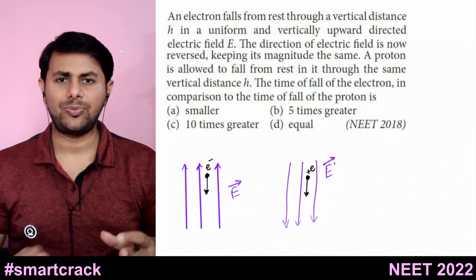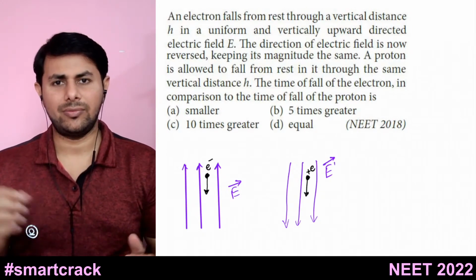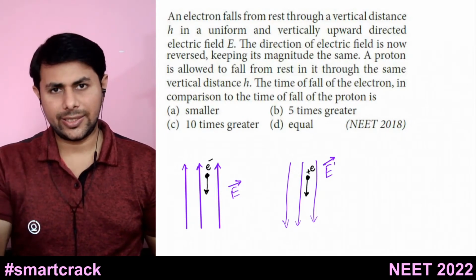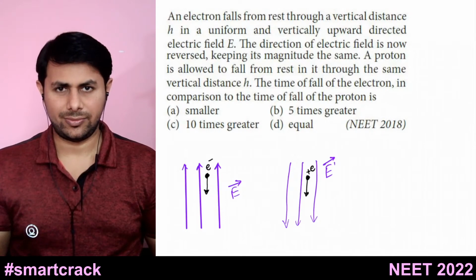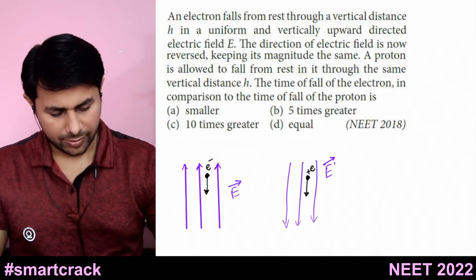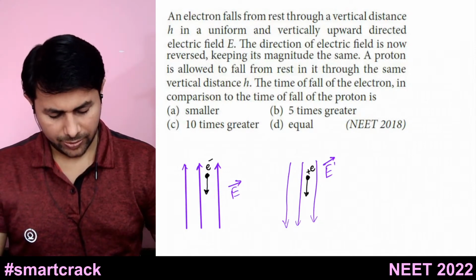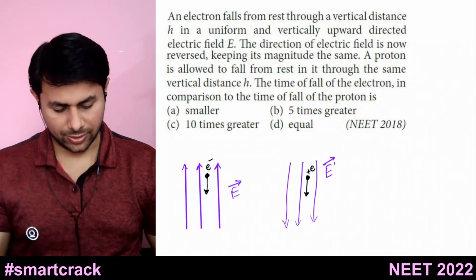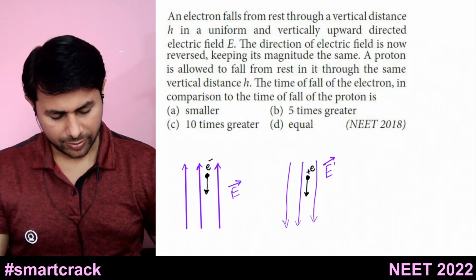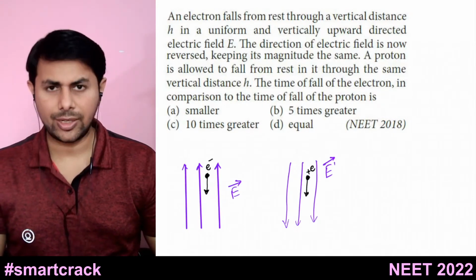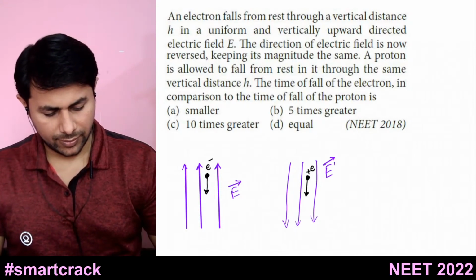Because mass is small, acceleration will be more, and therefore it will fall faster. So time required will be smaller for the electron. So smaller should be the answer, but let's solve this.